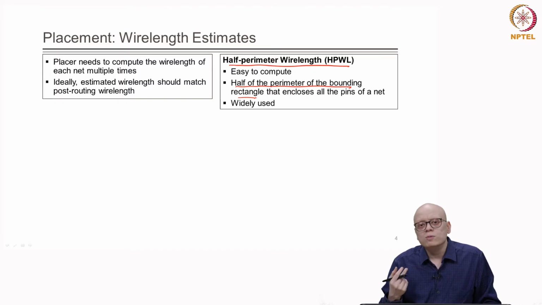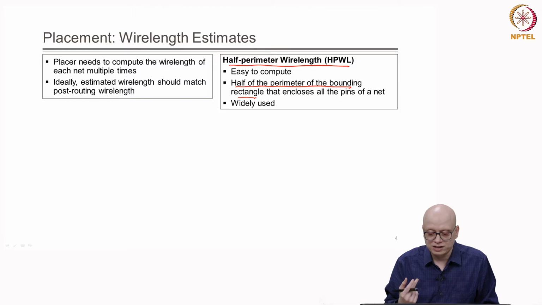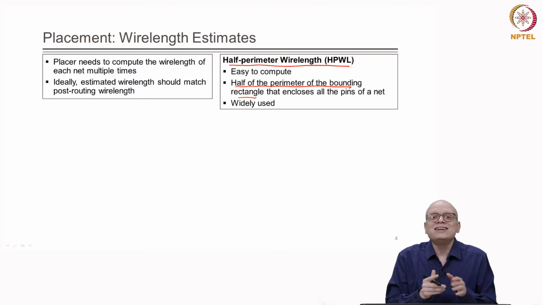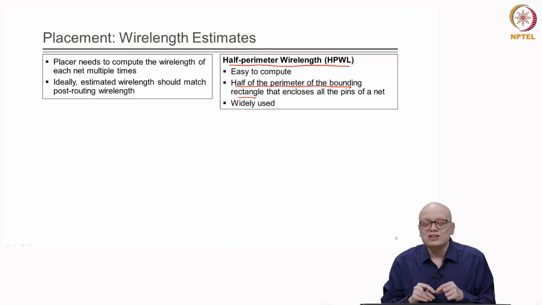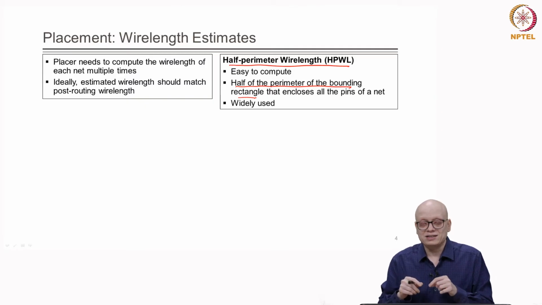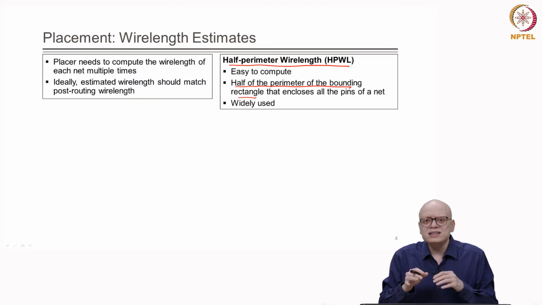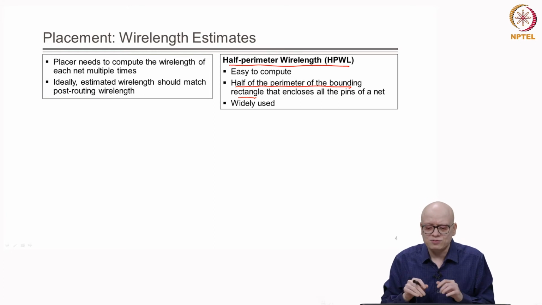So, this is the most popular method of estimating wire length during placement. Why? Because it is very easy to compute, right. Just knowing the coordinates of the pins of a given net, we can easily compute the half perimeter wire length. It is very easy to compute and it is fairly accurate also, right. For some types of nets it is accurate. For example, for 2 pin and 3 pin nets, it is accurate.